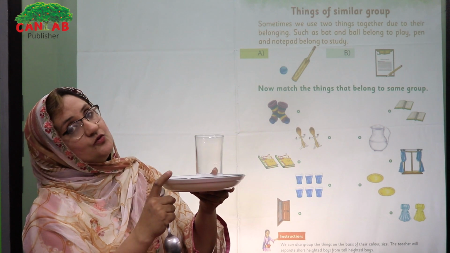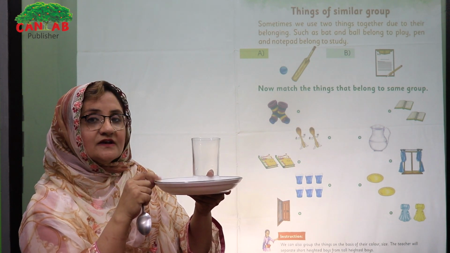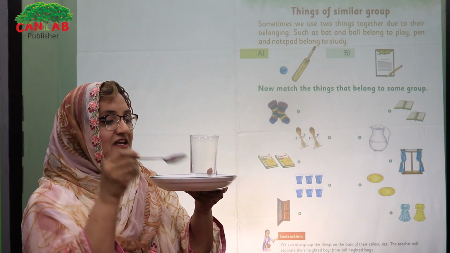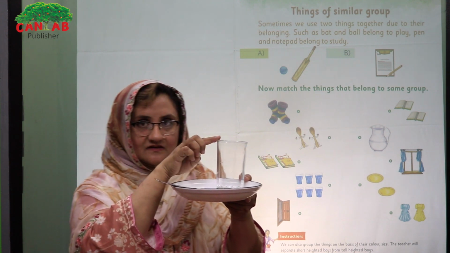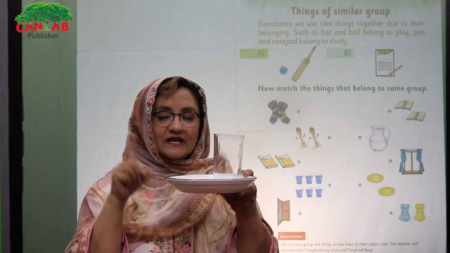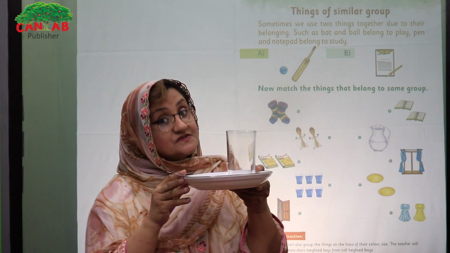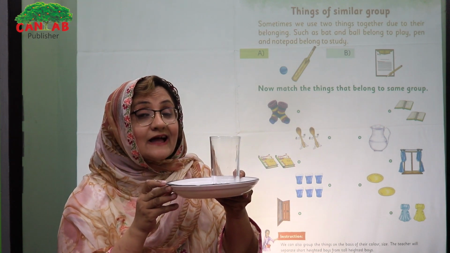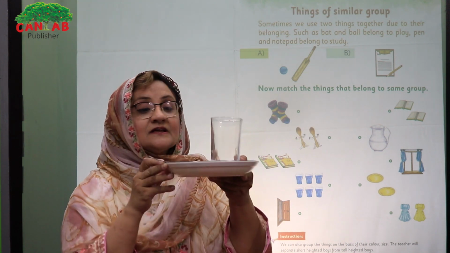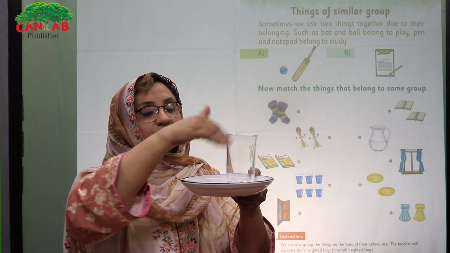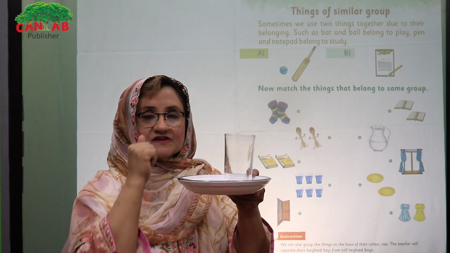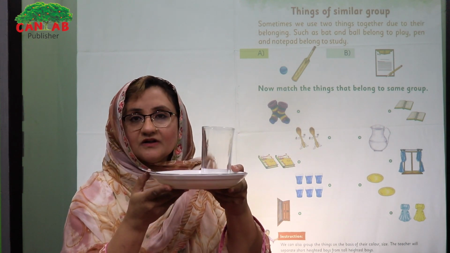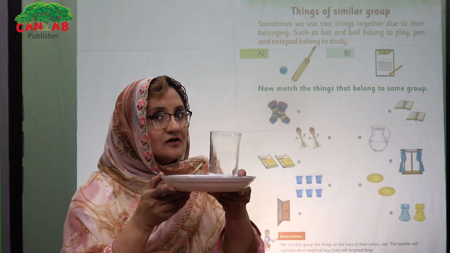Plate, and we use it to keep our food. It means that this glass, spoon, and plate are used for eating and drinking purposes. These three things form a group.